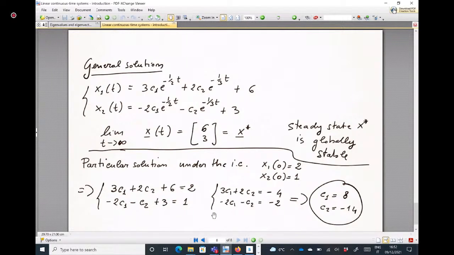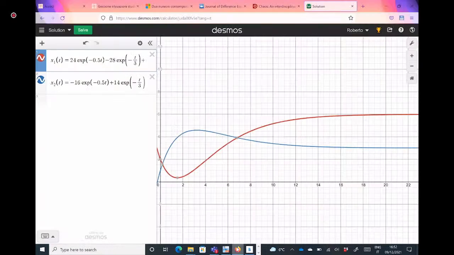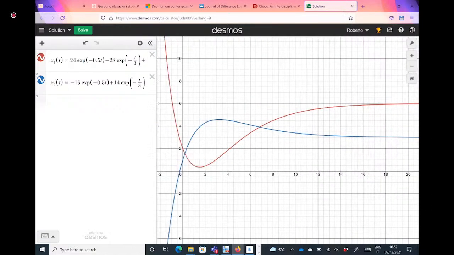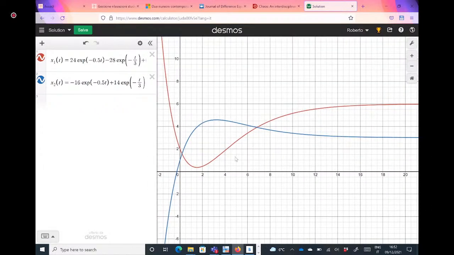In fact, this solution that we found satisfies the initial condition, and it is interesting because if you move this, you see the two variables have some evolution which is non-monotonic initially, with some adjustment, okay? And this depends on the joint interaction of the two, but in the long run, what prevails is the steady state levels, okay?